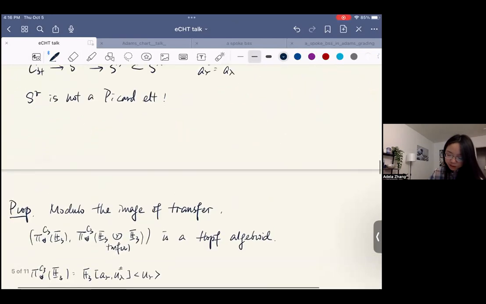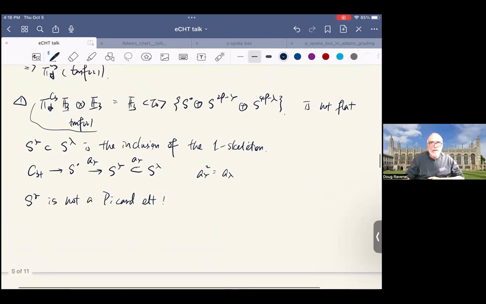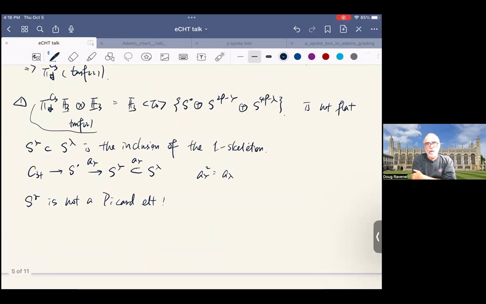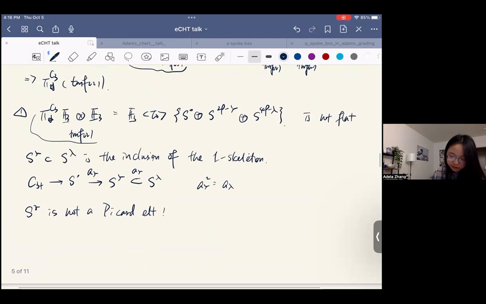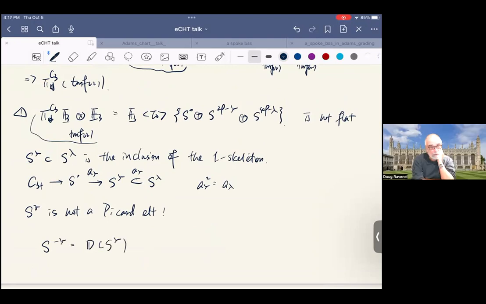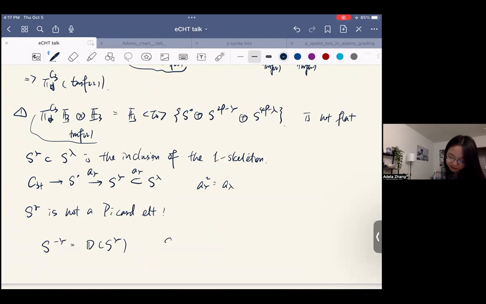Excuse me, Adela, what do you mean by 2 rho minus spoke? What does that mean? Okay, so S minus spoke is the S-one-half dual of S spoke. But it's not invertible, because if we tensor these two together, it actually splits non-canonically as S0 plus a C3 plus. So there's a free part here that's causing all the problem.